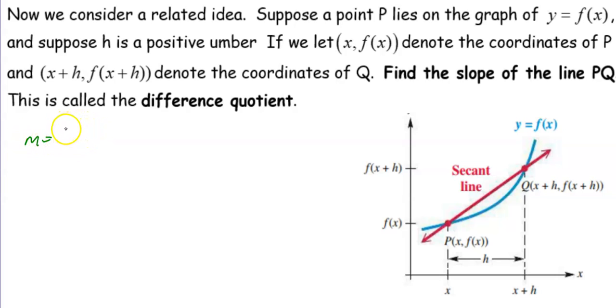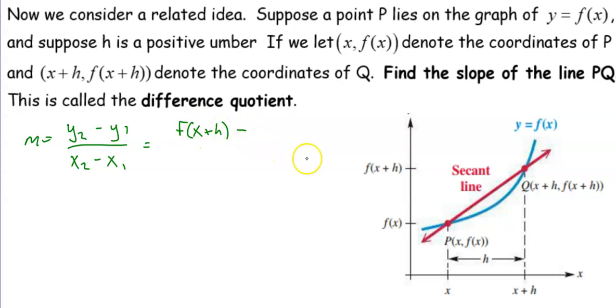Okay, so if we take our slope formula, where we say slope is y2 minus y1 over x2 minus x1, second y value minus first y value over second x value minus first x value, let's plug in the values for these points. My second y value is this y right here, it's going to be f of x plus h, the x value from P plus the change.